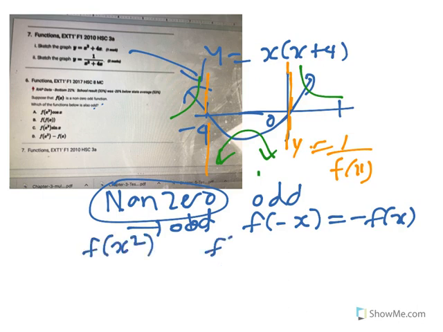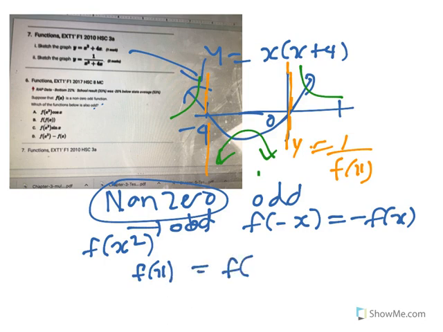So if we've got f squared, what would f of minus x equal? If you want to do f of minus x into this, you would have to put in f of minus x. So f of x is odd.